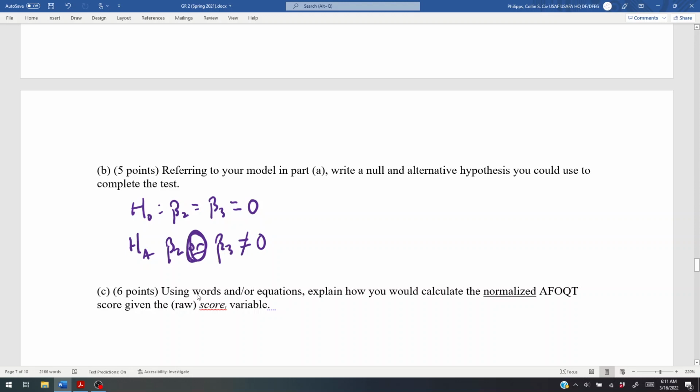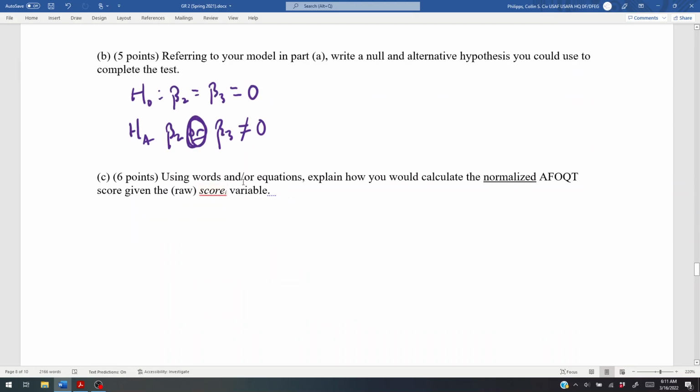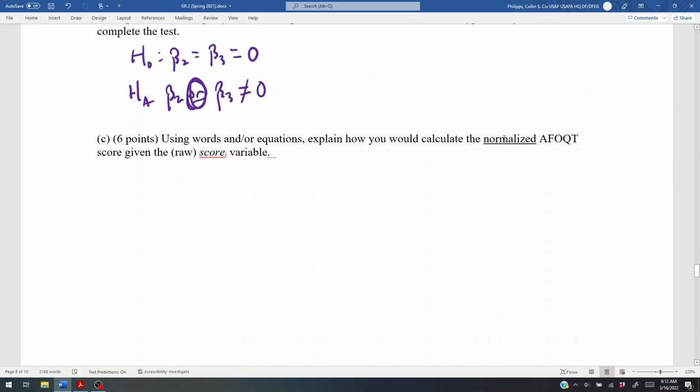Very different. Using words and or equations, explain how you would calculate the normalized AFOQT score given the raw score variable. Oh, normalizing a variable? That's easy. You take each value of the variable, you subtract the mean, and then you divide by the standard deviation.